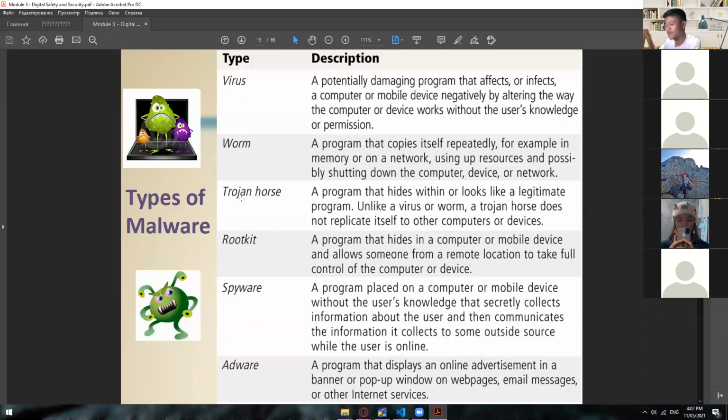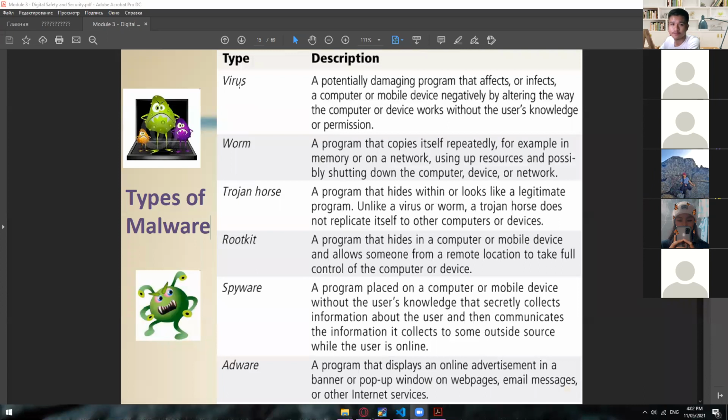If your PC or laptop is compromised, you will just say, okay, my laptop or my PC now has a virus. But in reality, it could be a virus, yes, or it could be a worm, or a Trojan horse, or a rootkit, spyware, or adware. We have a lot of types of malware that cause your computer to slow down or malfunction.